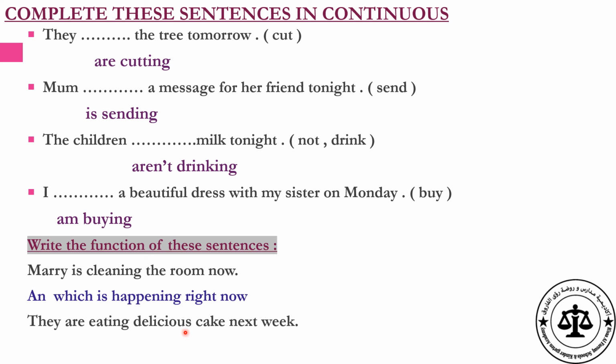They are eating delicious cake next week. Next week indicates the future tense, so this action is in the future. Excellent. This action will happen in the future and the function of it is future arrangement or plans.